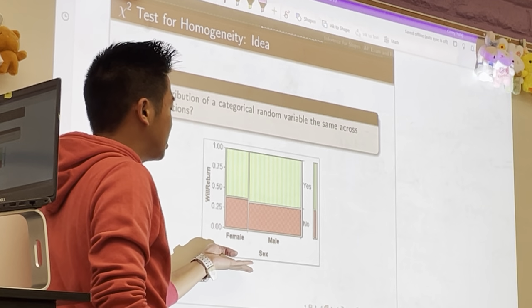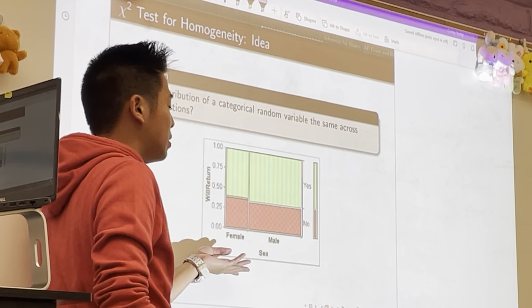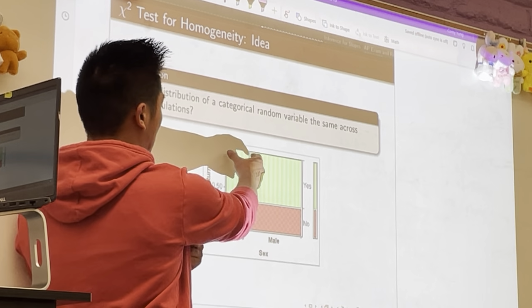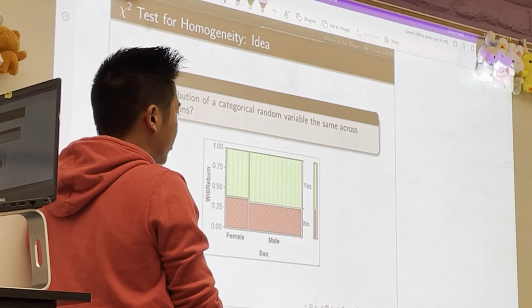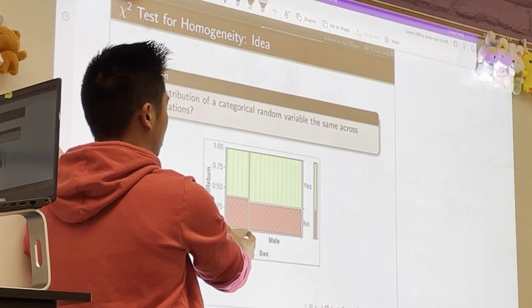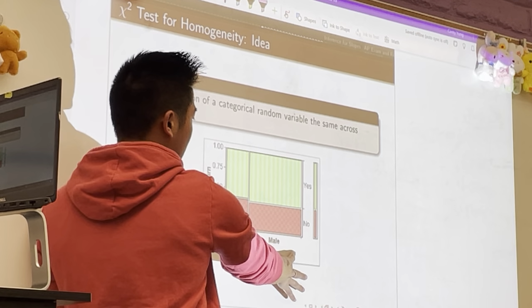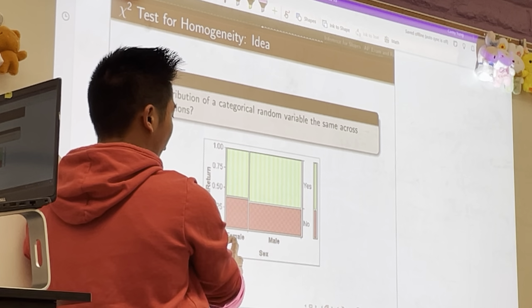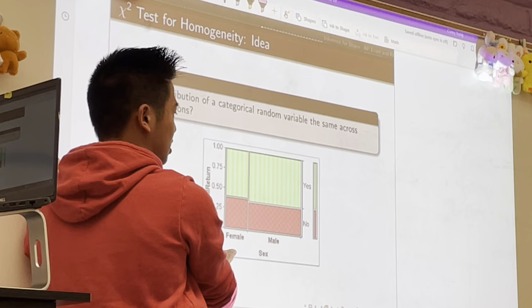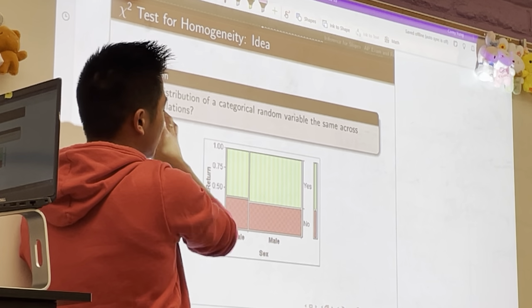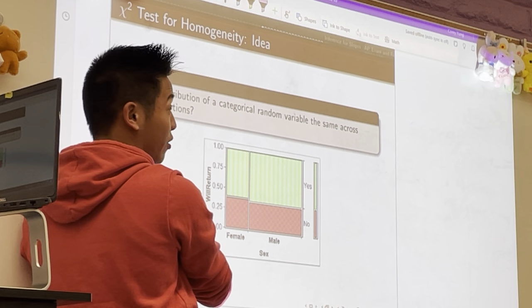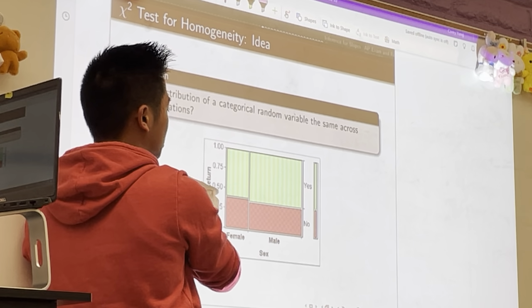So back to this example, it turns out that this can also be used for homogeneity, because if I have different populations, in this case the populations of hotel visitors, they could be categorized as female or male, and if I treat female and male hotel guests as different populations, my goal for homogeneity is that I have another categorical random variable where I want to see: is this distributed in the females the same as how it's distributed in the males?